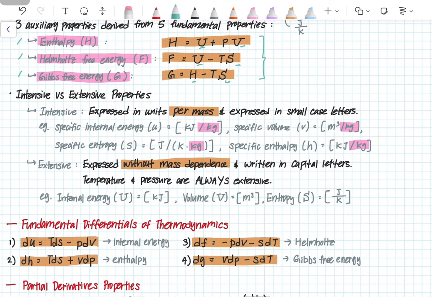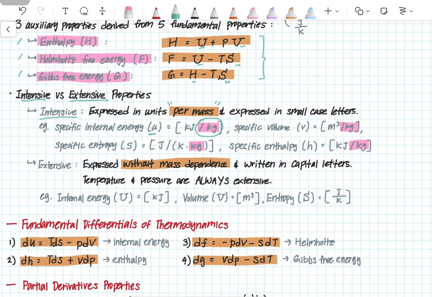Next, we'll talk about intensive versus extensive properties. Intensive properties are basically expressed in units per mass. And they're also written in small case letters. So for example, if I'm talking about specific internal energy, little u, my units would be kilojoules per kilogram.